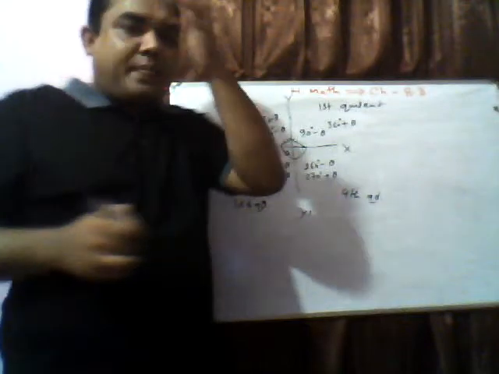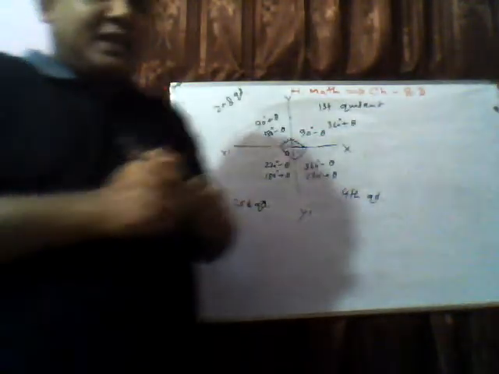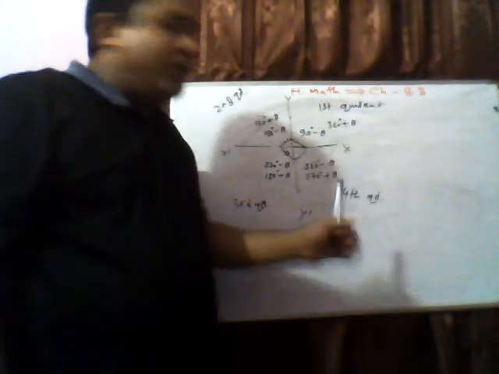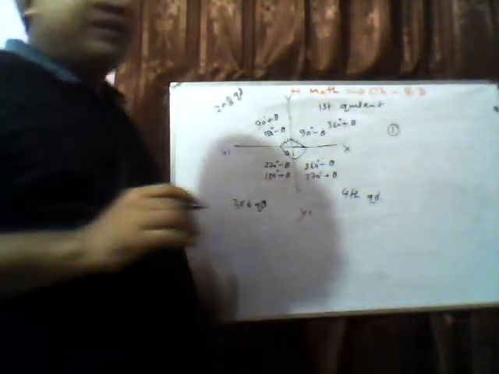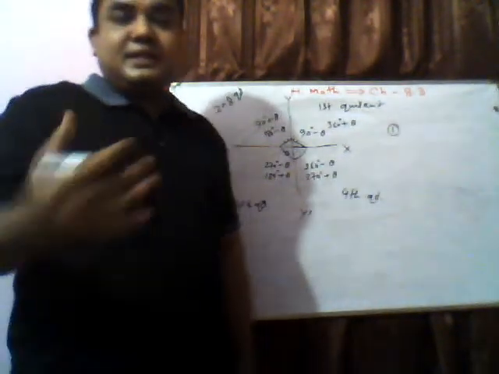In solving mathematics in chapter 8.3, we know three techniques. Number one: all trigonometric ratios of n times pi by 2 plus or minus theta.